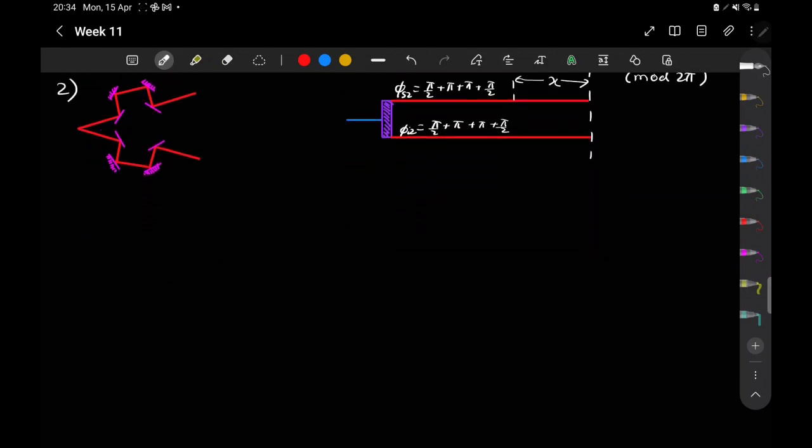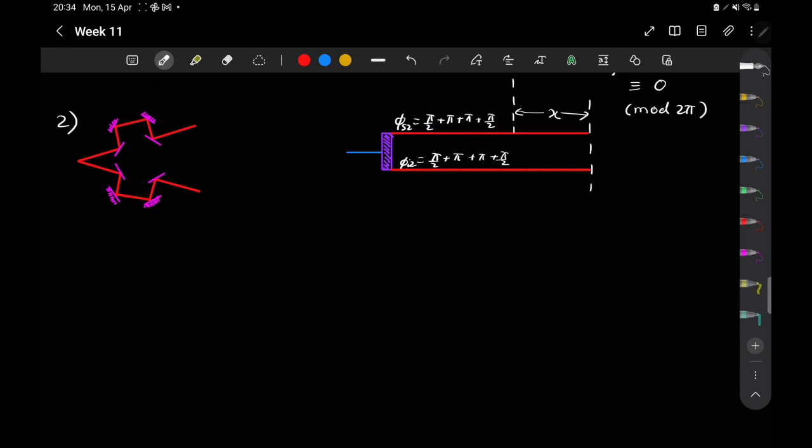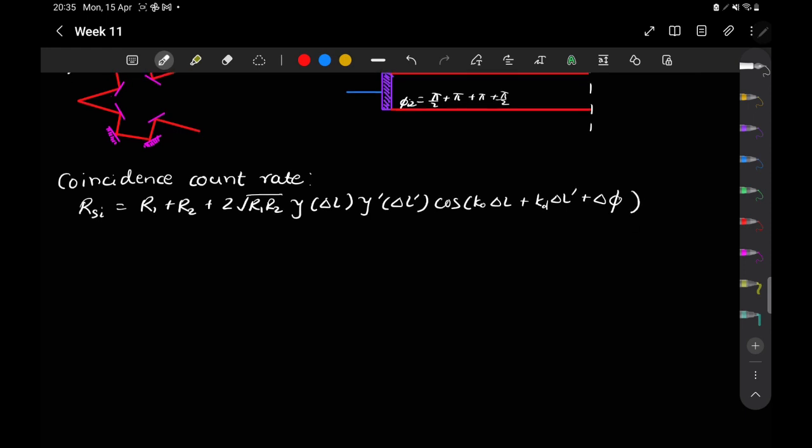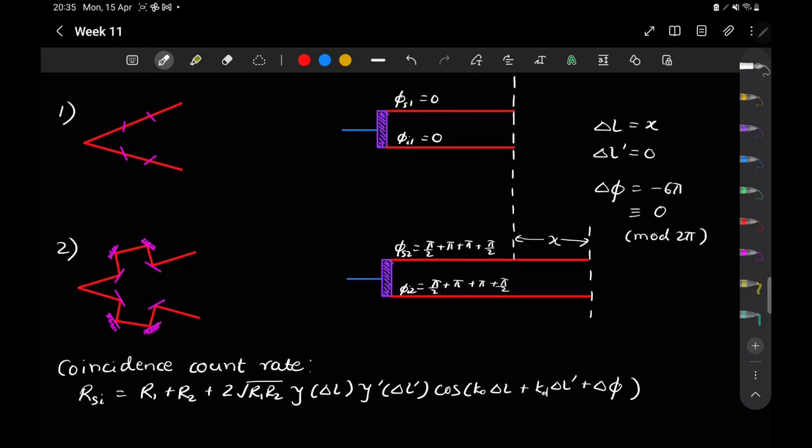Now let us write down the coincidence count rate. So this is the coincidence count rate, and we can put in the values for this delta L prime and delta phi.